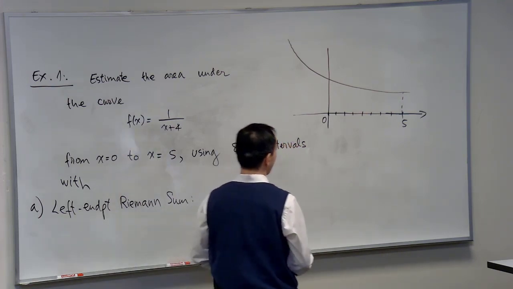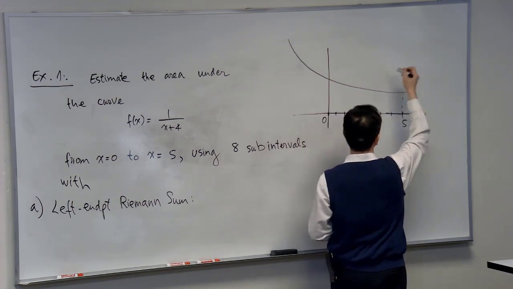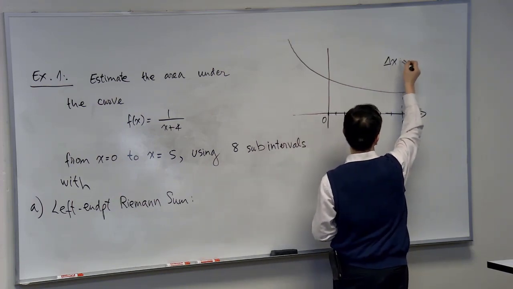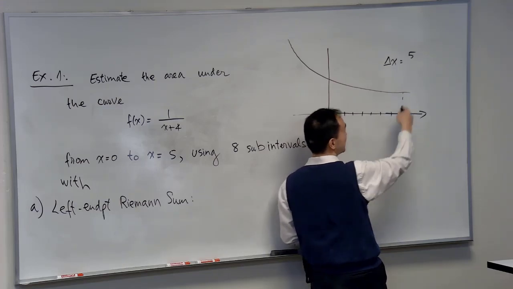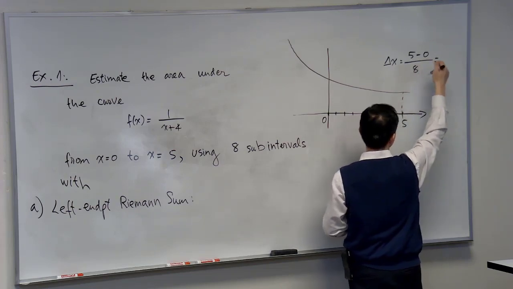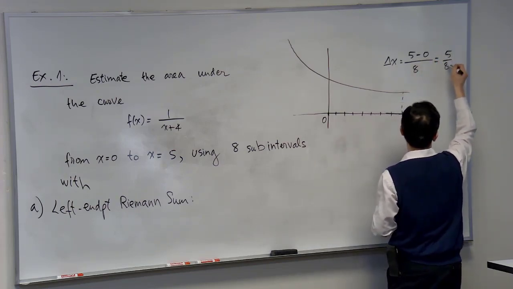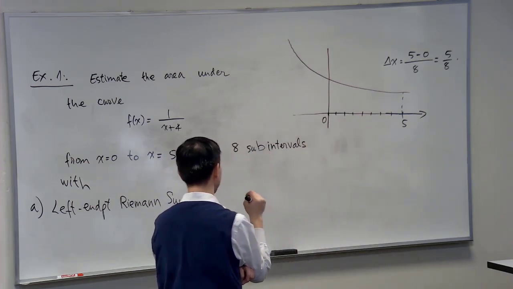Okay? So with 8 subintervals, now we can do a quick little math right here. The number one thing, delta x is going to be 5, the ending of your overall window, right? Subtracting 0, divided by 8. And so the delta x here is 5/8. You guys follow it? So now let's think of that.